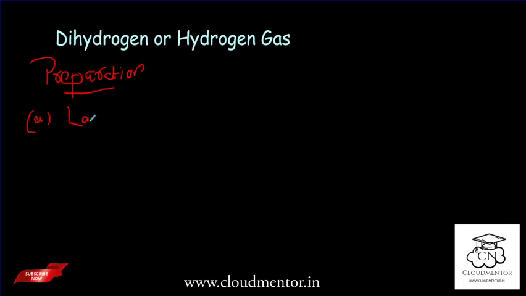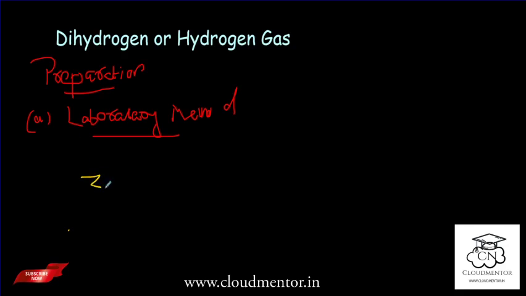How can you prepare hydrogen gas in the laboratory? In the laboratory, dihydrogen is produced by the reaction of zinc with dilute sulfuric acid.